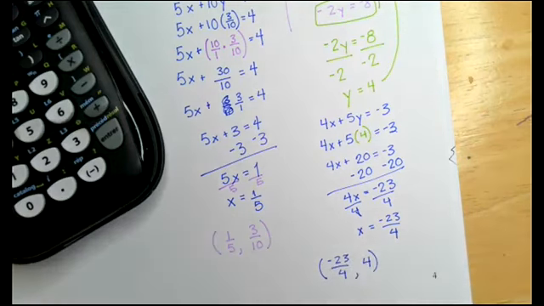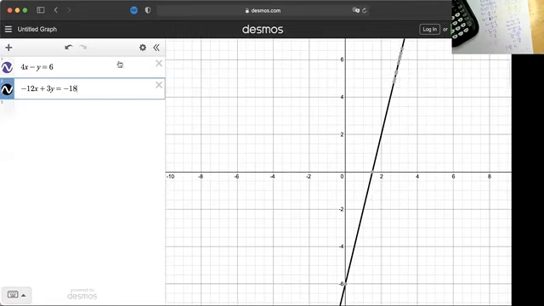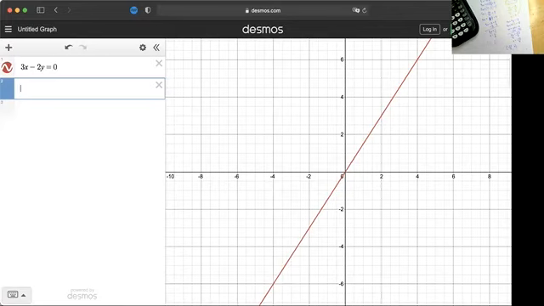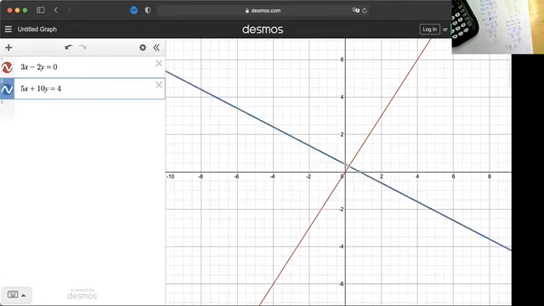Okay, so let's quickly check these in Desmos. Our first one is 3x minus 2y is 0, and then 5x plus 10y is 4. 0.2 and 0.3.